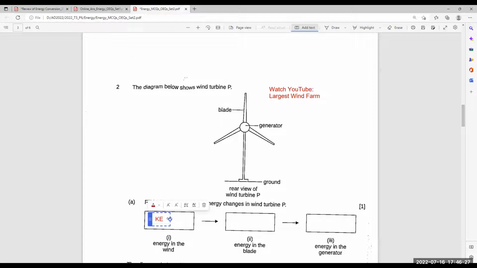Because they put the energy below, you just spell kinetic. Kinetic. And this one also kinetic. And this is electrical. Okay, so kinetic, kinetic, electrical.